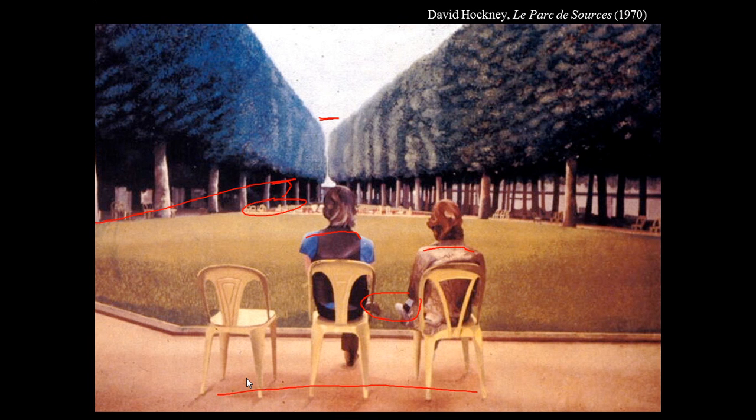So what does that empty chair represent? Well, it could be a number of things. It could be the idea of waiting for another friend to show up and hang out with them, or the fact that somebody just physically left and they're left alone.